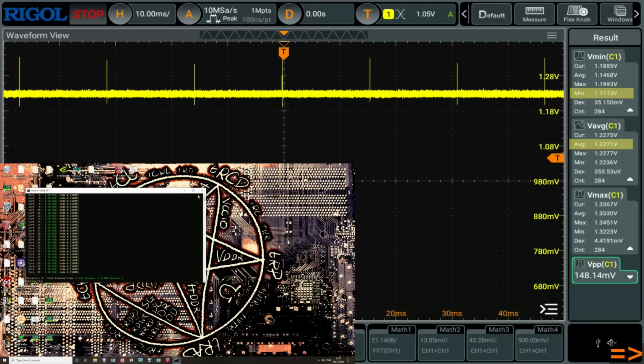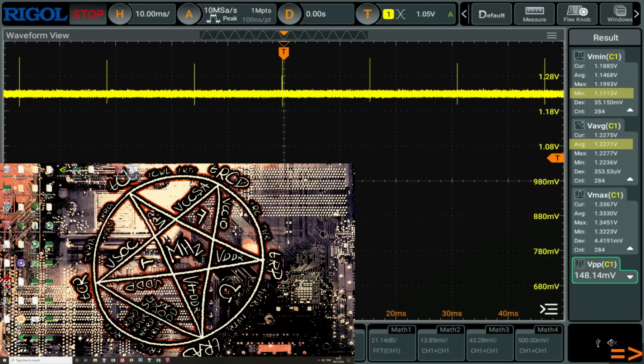So I'm just going to end Y-Cruncher here. And basically what we're seeing is that our average voltage while running Y-Cruncher was about 1.227 volts. And the minimums, when you move the mouse around, are like 1.13 volts, which is like 110 millivolts of undershoot. So that is very bad.